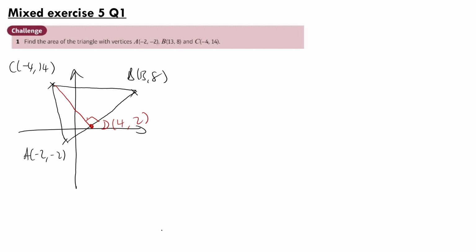And now to find the area of the triangle, we can do 1/2 base times perpendicular height. So the area equals 1/2 times AB times CD.